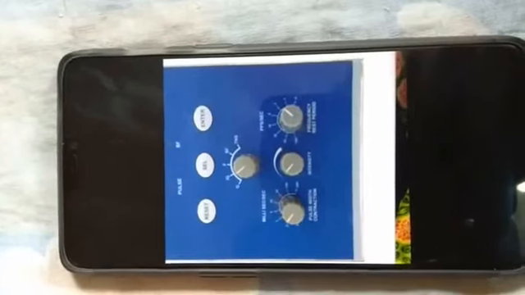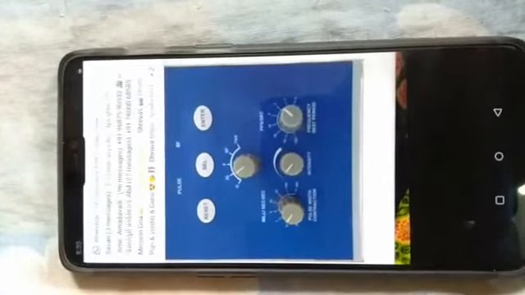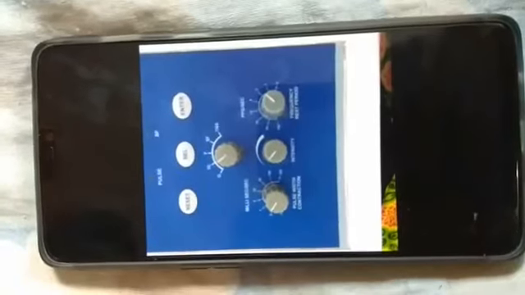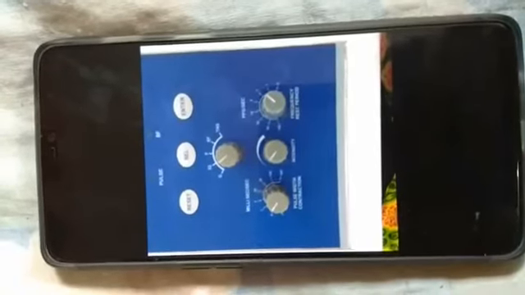There are various types of machine for electrical stimulation. This is one type of machine.